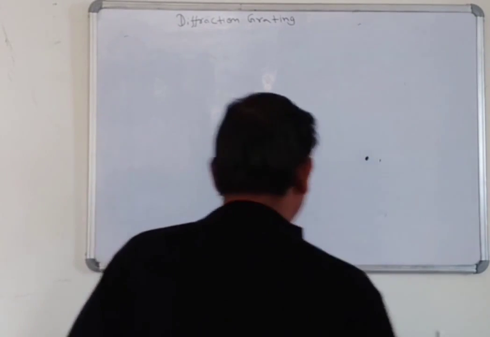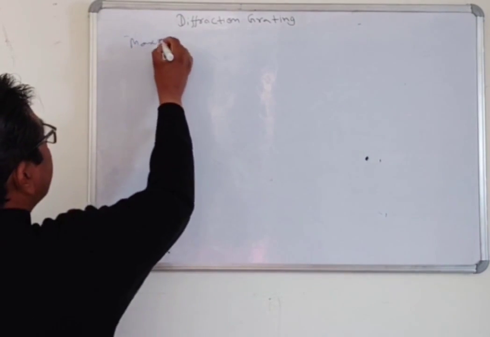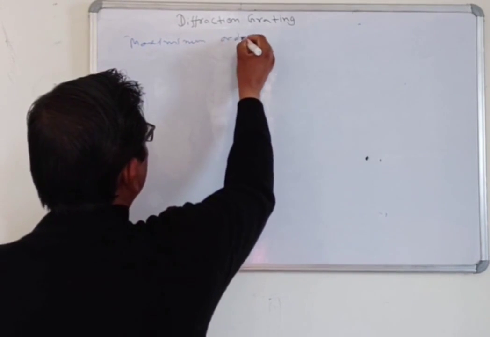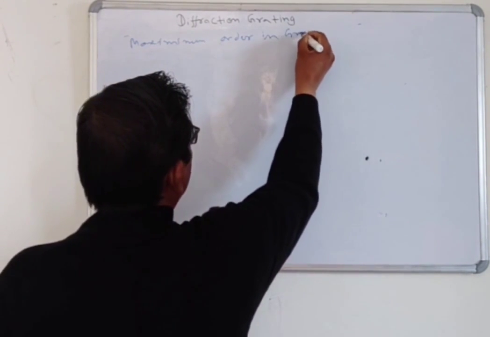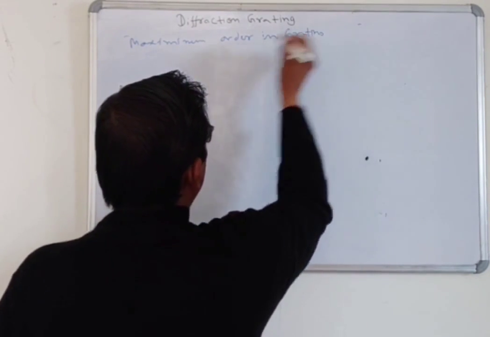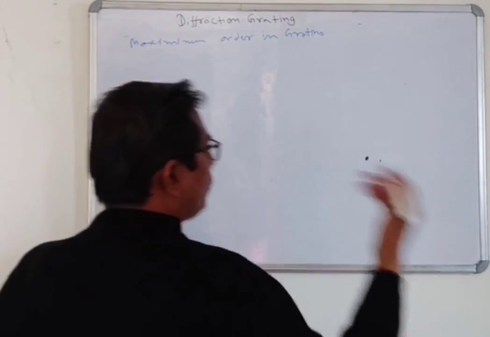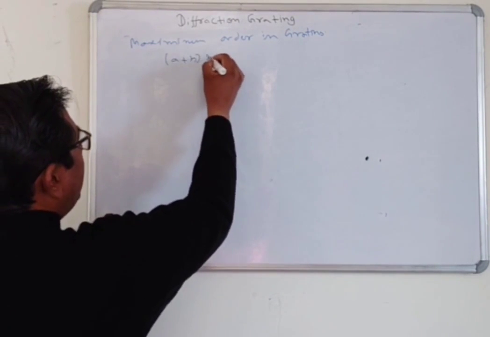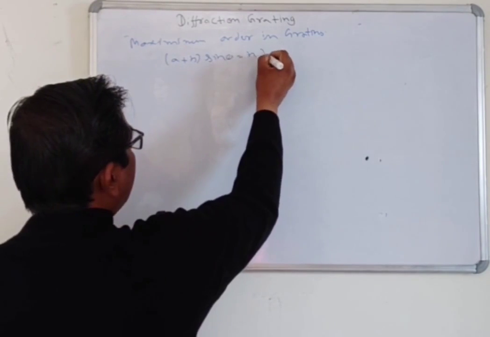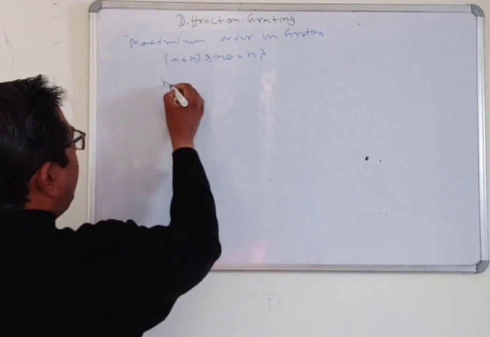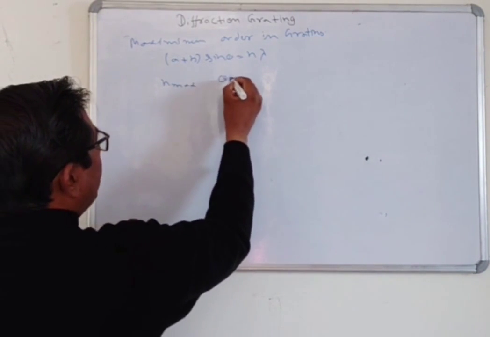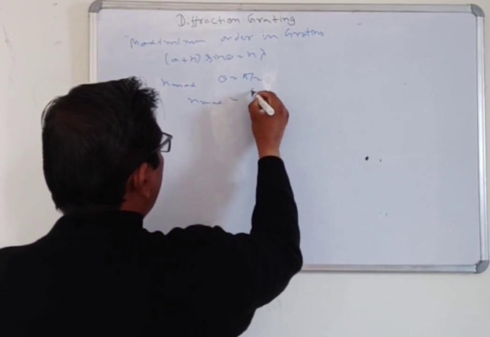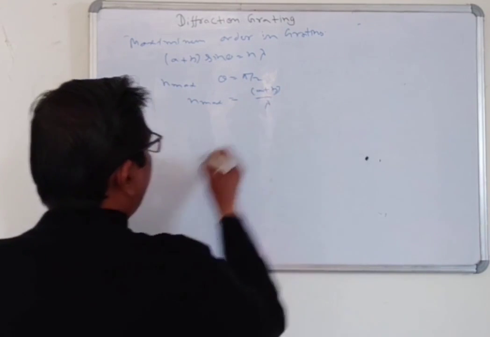Maximum order, or maximum order spectrum in a grating. It means that all of you know that (a plus b) sin theta is equal to n lambda. N is maximum when theta is equal to pi by 2. It means that n maximum, it means that a plus b is equal to lambda.